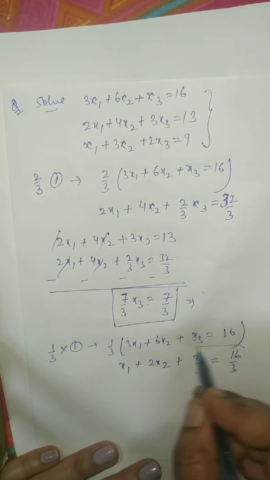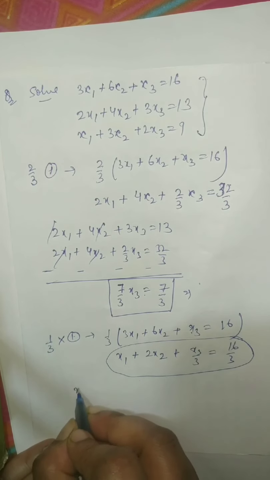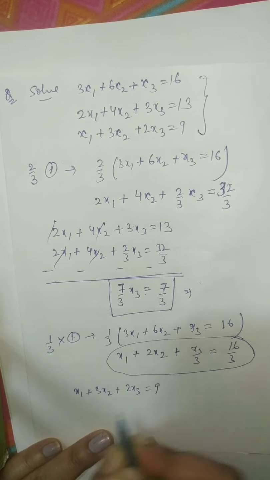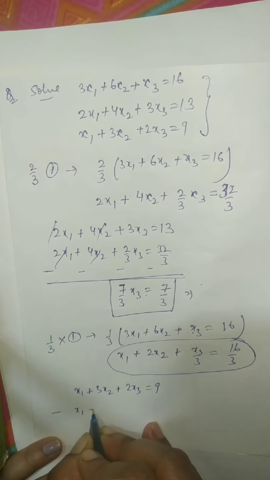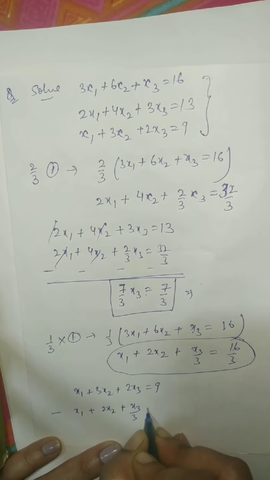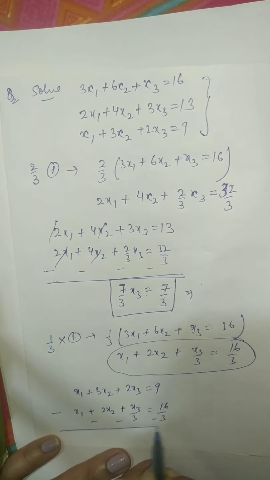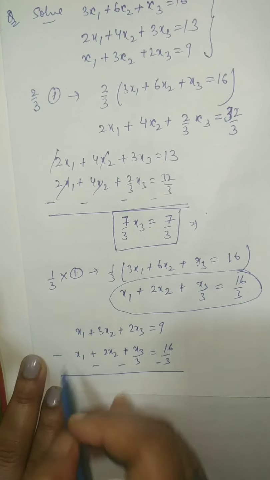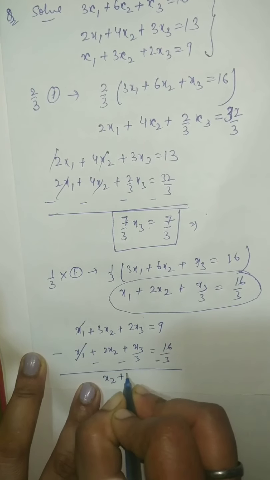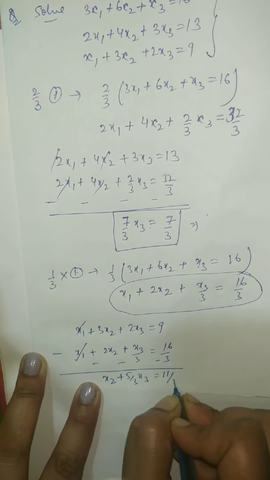Now we have to subtract this equation from the third one, which is x1 plus 3x2 plus 2x3 is equals to 9. Minus x1 plus 2x2 plus x3 by 3 and 16 by 3. Minus, minus and minus. So the final answer is, we get x1 cancelled, and then we get x2 plus 5 by 3 x3 is equals to 11 by 3.